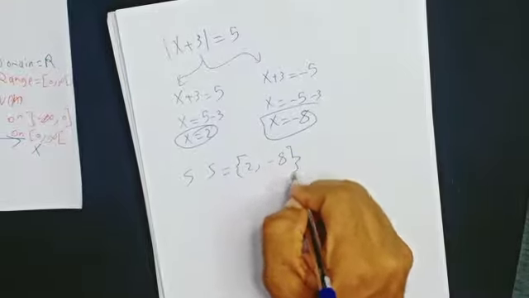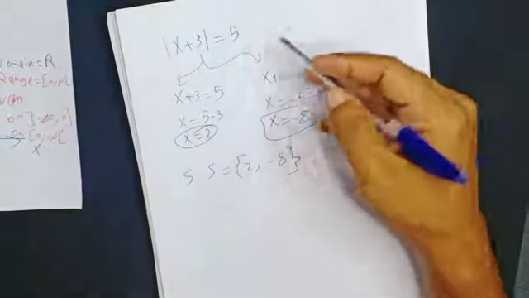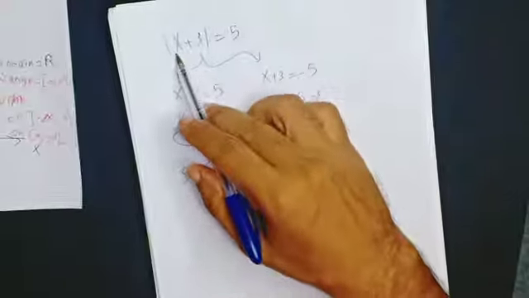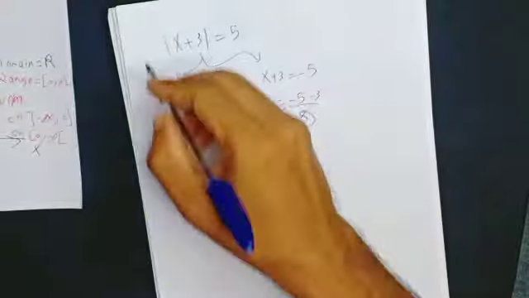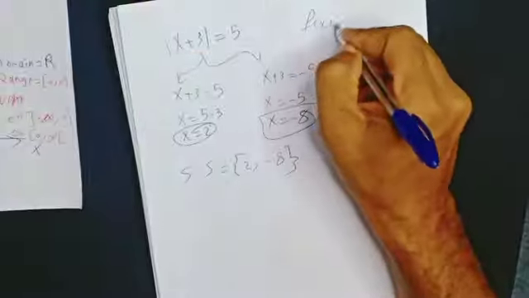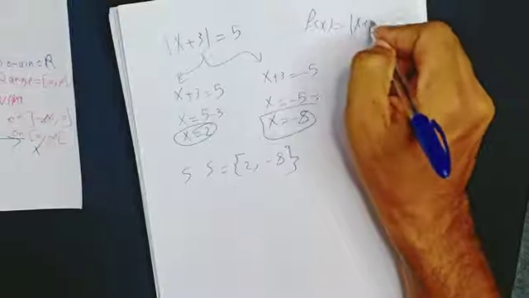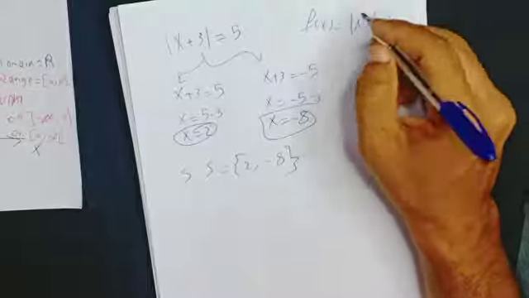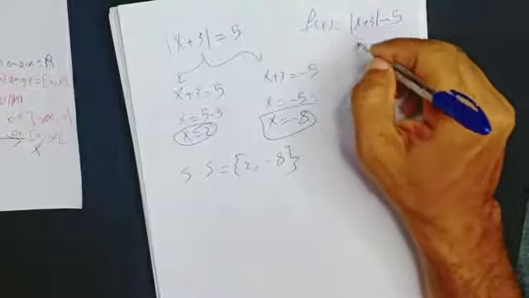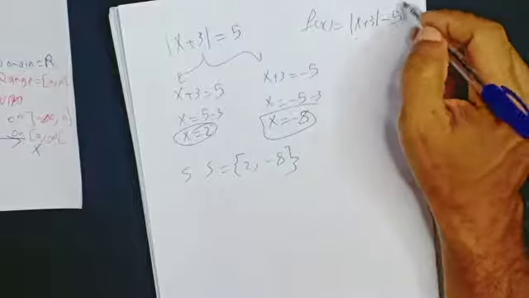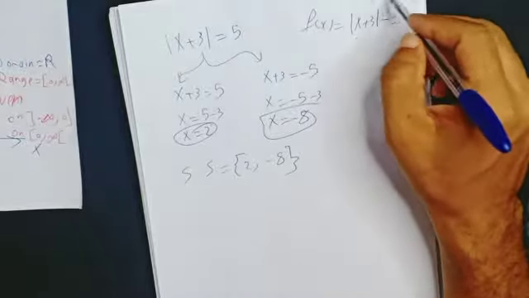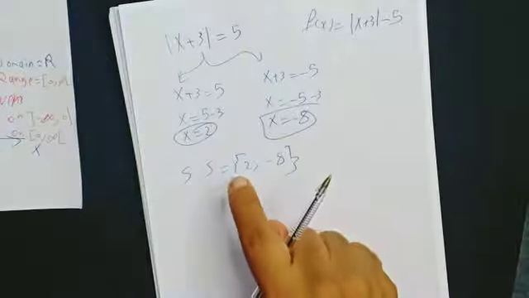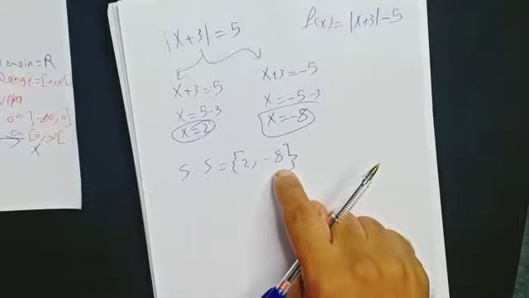We can see this graphically. How? We can graph f of x equals absolute value of x plus 3 minus 5, and see the intersection of this function with the x-axis. It will be at the points x equals 2 and x equals negative 8.